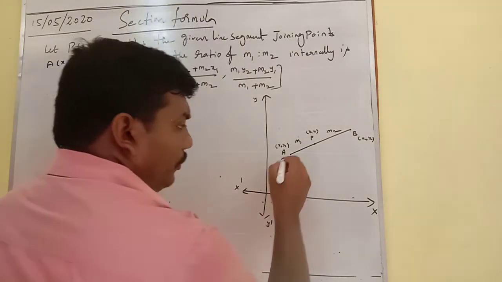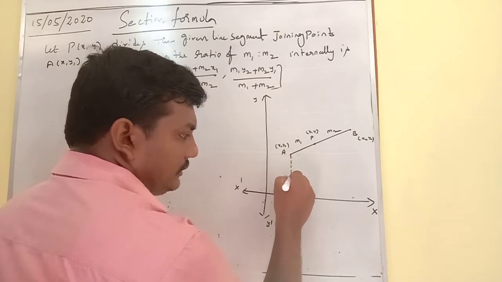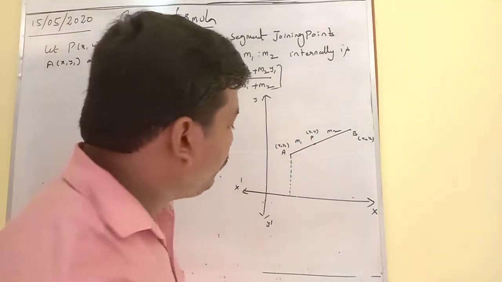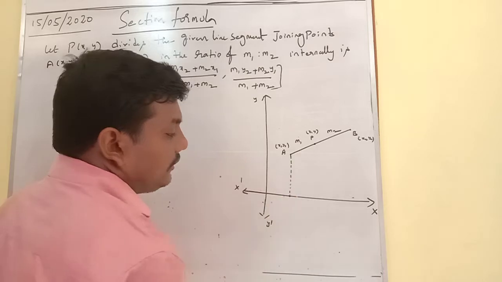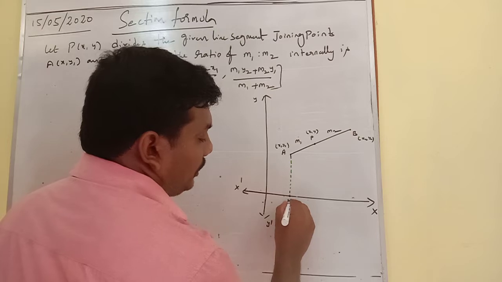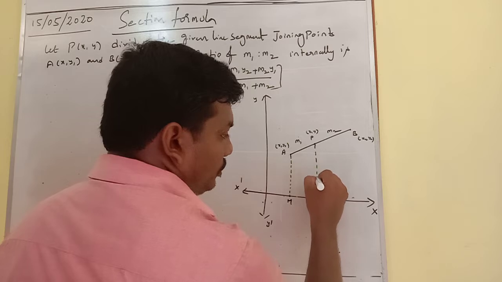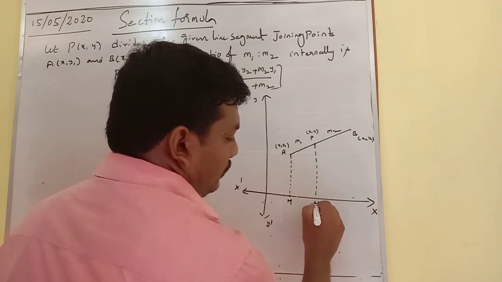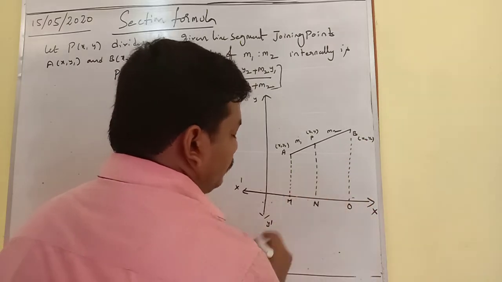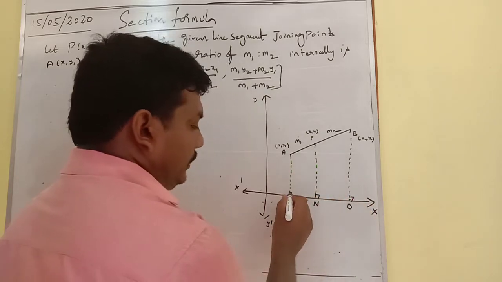Now if you draw a line normal to the x-axis, the projection of the point lies exactly on the x-axis here. So if you take A, P, B, you can see this is line M, and this point's projection on the x-axis is N, and this point's projection is also O. The projection must be 90 degrees.